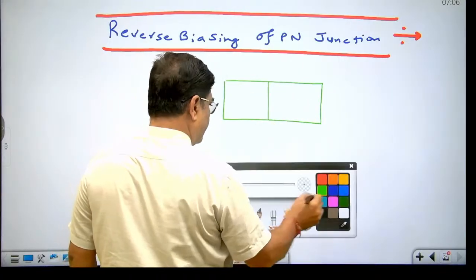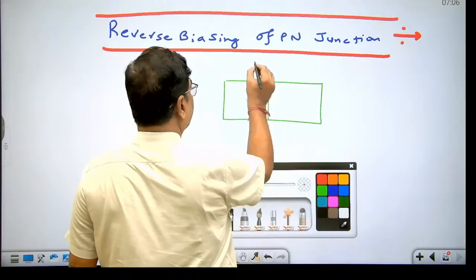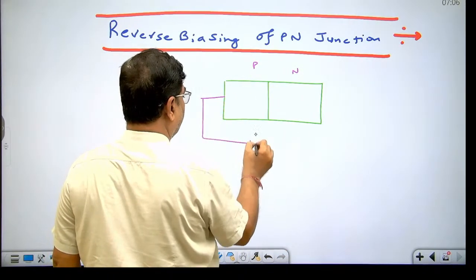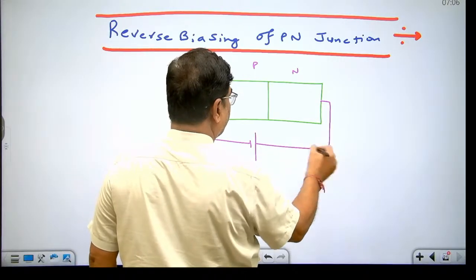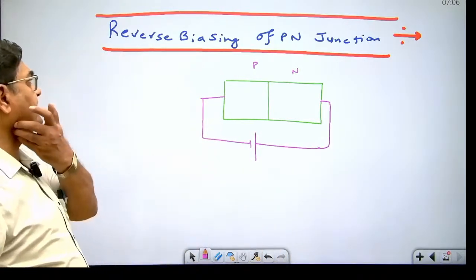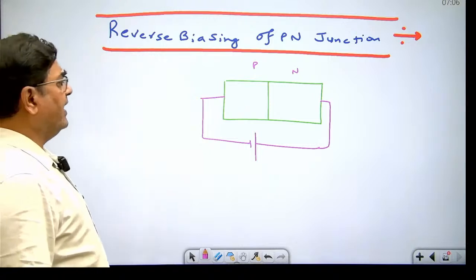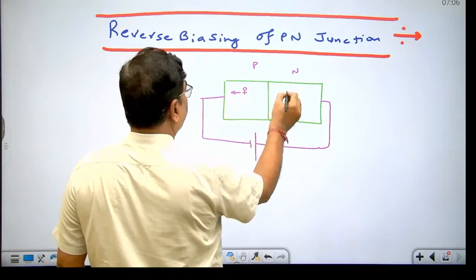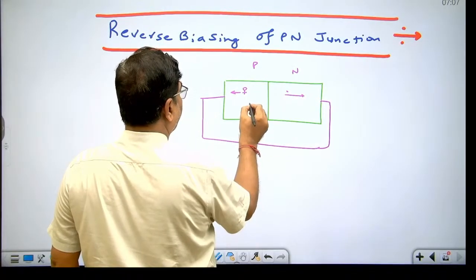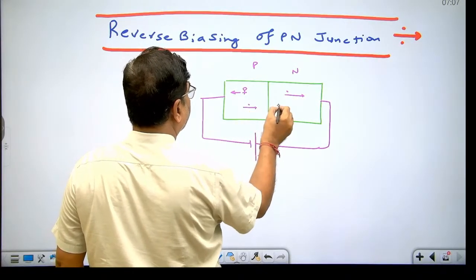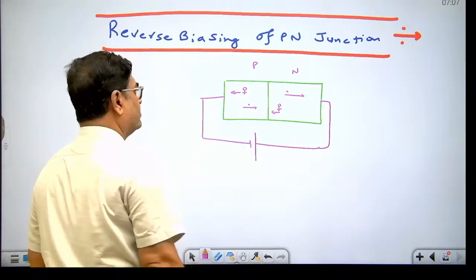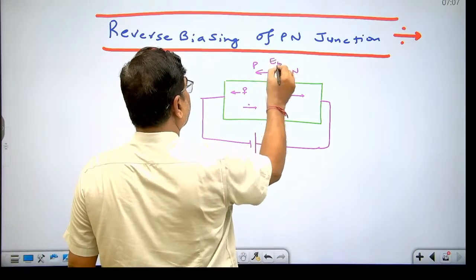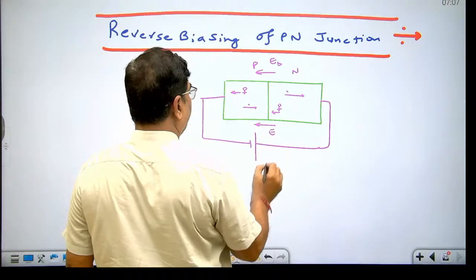When the P part of a crystal is connected to the negative terminal and the N part of a crystal is connected to the positive terminal of the battery, then the PN junction is said to be in reverse biasing. In the effect of reverse biasing, majority charge carriers start moving away from the junction and minority charge carriers start moving towards the junction. So, dear student, this was the direction of the barrier electric field at the junction. This is the direction of the applied electric field at the junction.